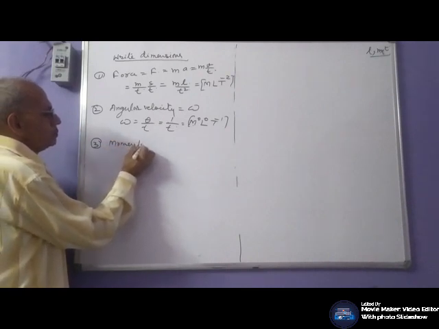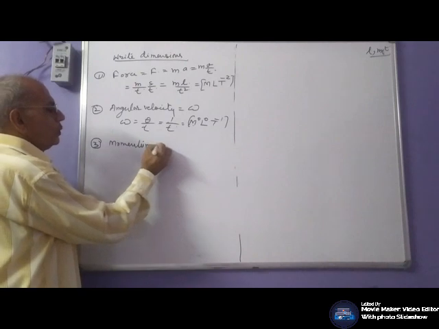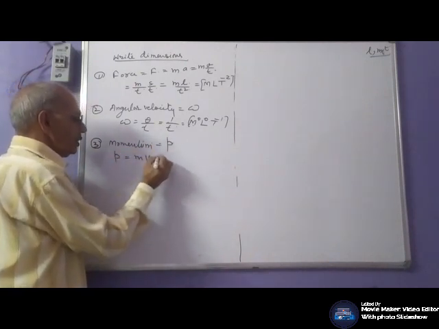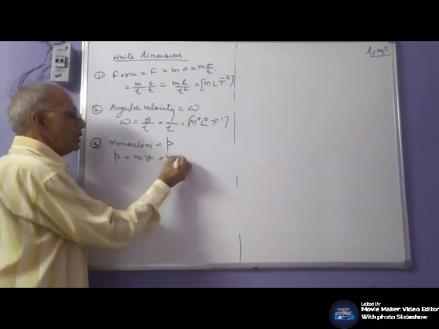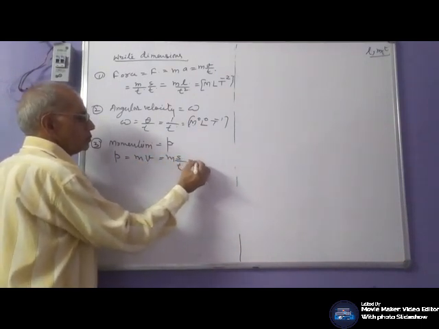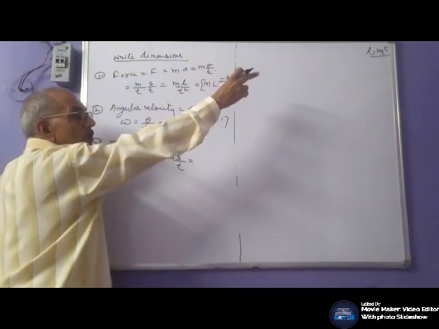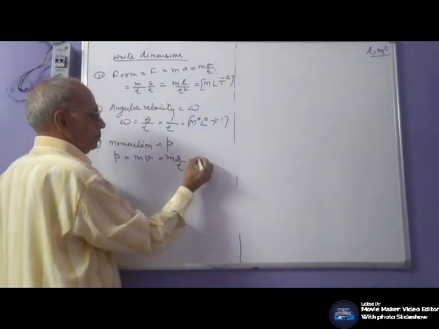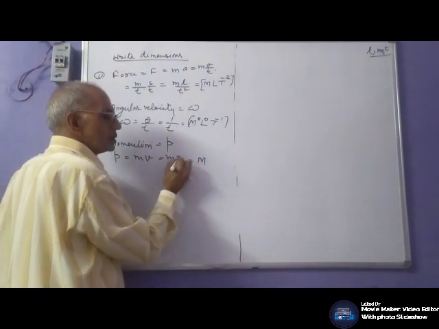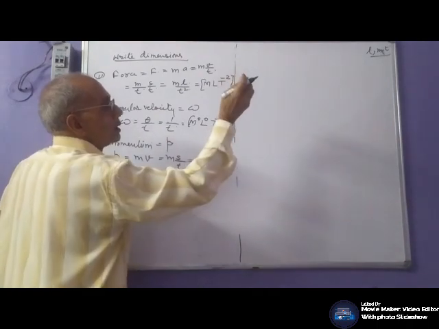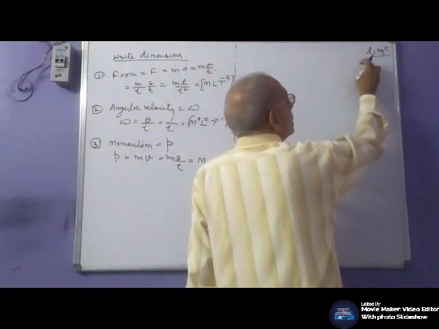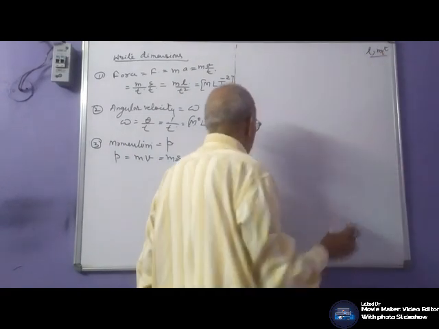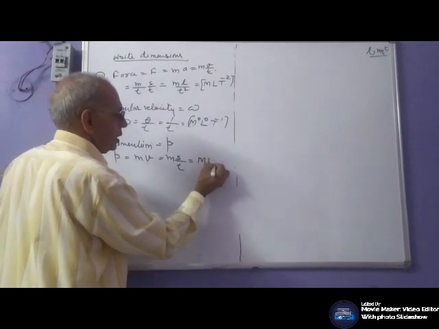Momentum, linear momentum. It was P and P was mv. M is M, define V, S by T. Take them in terms of three fundamental units: length, mass, time. M is M, S is distance, it will go only in length, it cannot go into mass or time. So it is L and it is D.